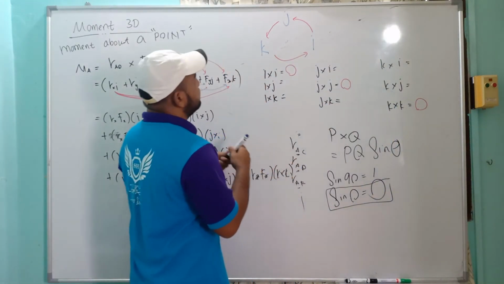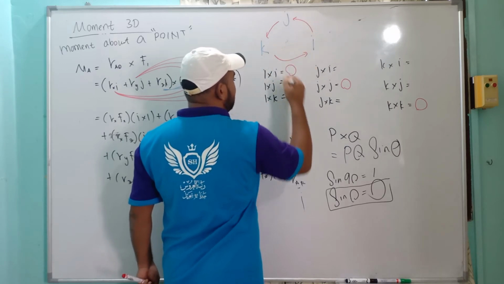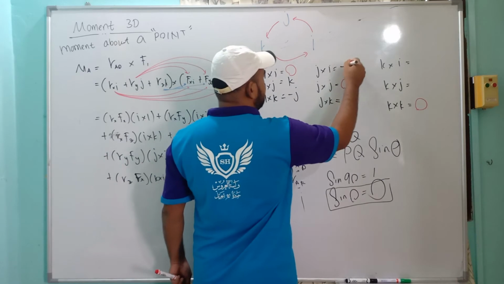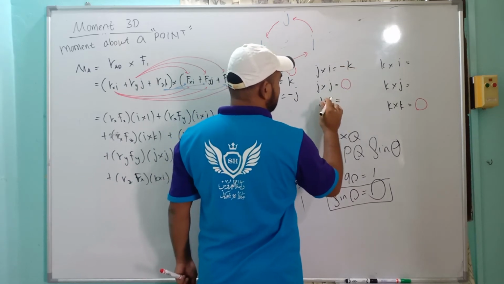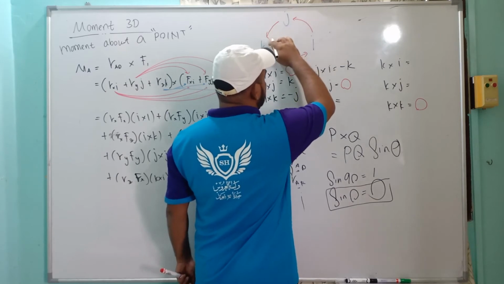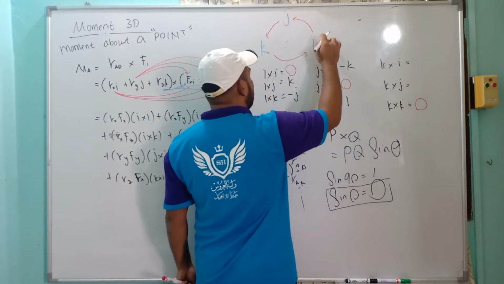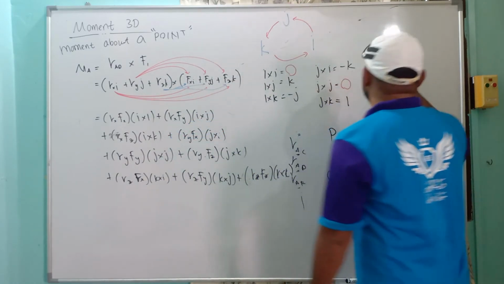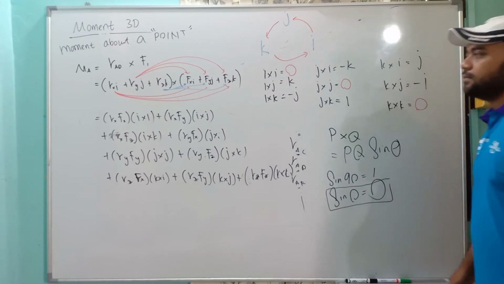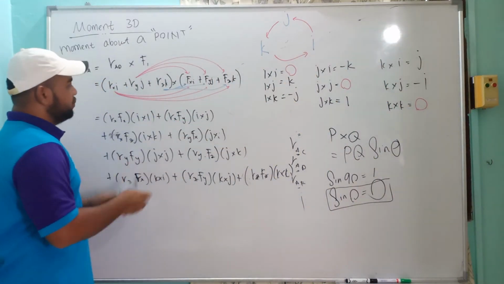So I cross J is K, I cross K negative J, J cross I negative K, J cross K is I, K cross I is J, K cross J negative I. Okay, so this part you will put it all here.